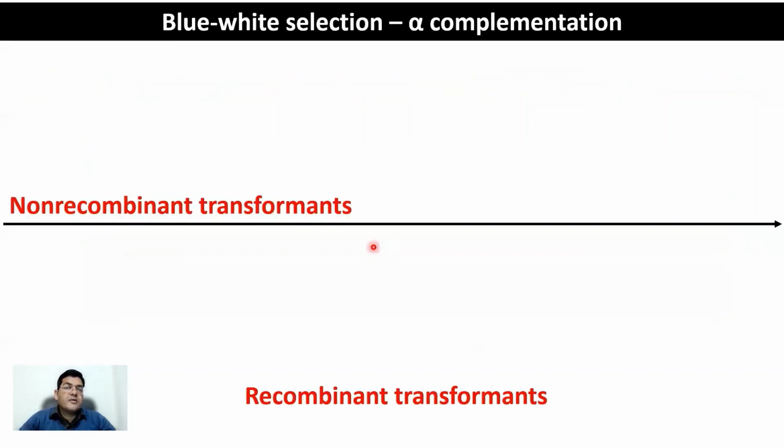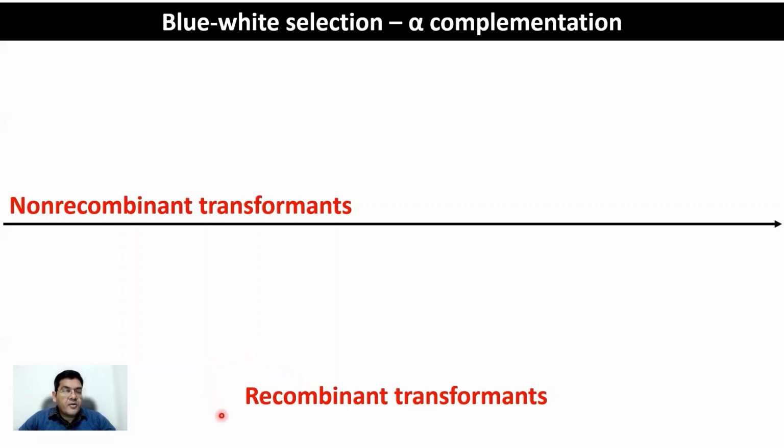If you look at your blue-white selection, which is also known as alpha complementation, there are two types of transformants that you would have. One is the non-recombinant transformant, where the self-ligated plasmid would have gotten into the host cell. In the non-recombinant transformants, the plasmid self-ligates and therefore does not carry your DNA of interest within the LacZ prime gene, which means that the LacZ prime gene is intact.